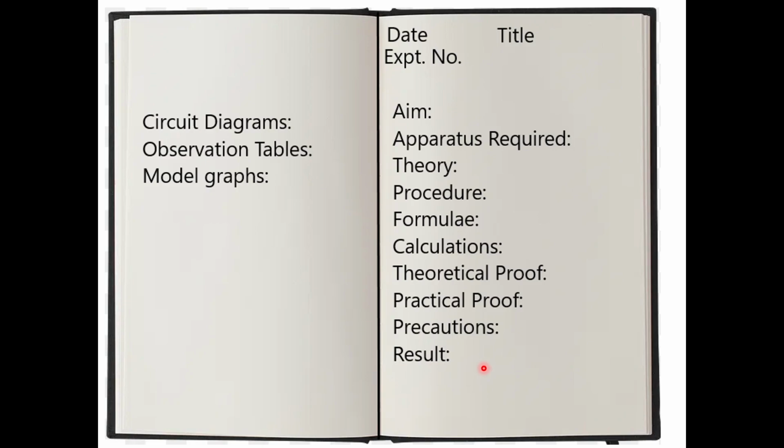I have prepared this in general, not specifically for this experiment, but for all the electrical laboratory experiments. So calculations, theoretical proofs, formulae are also not there. Formulae, calculations, theoretical proof, practical proof will not be there for this particular experiment.